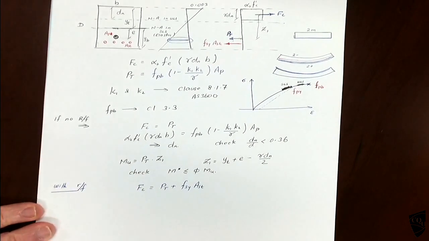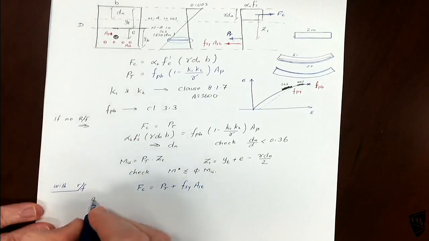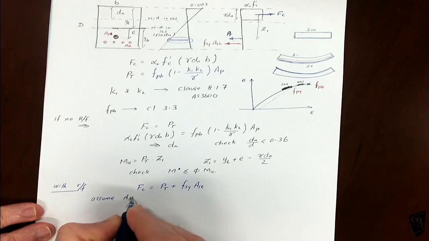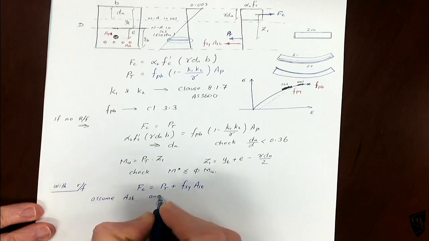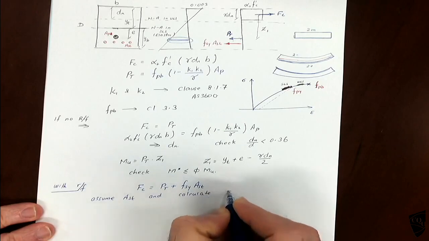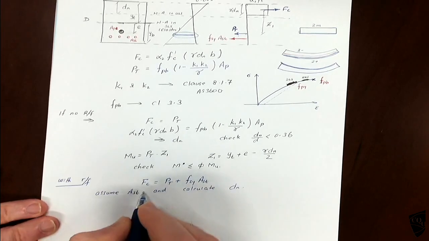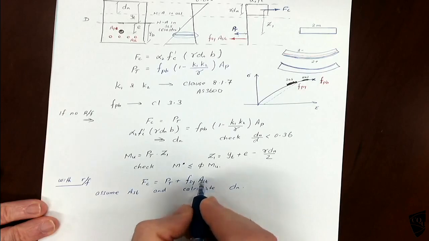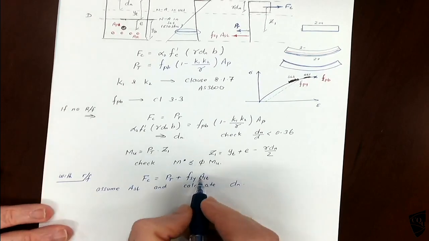So assume Ast and calculate dn. Here you need to assume this one, otherwise it's difficult.